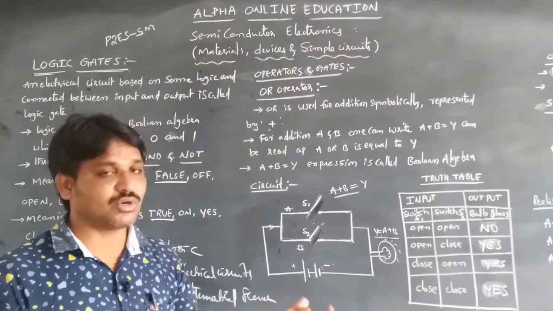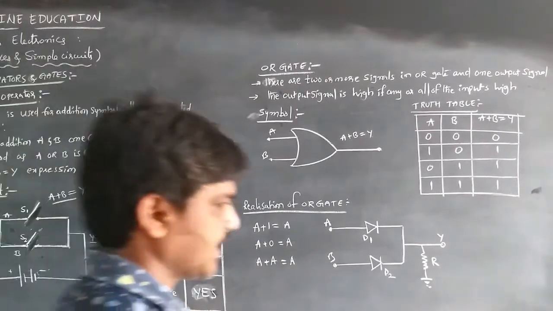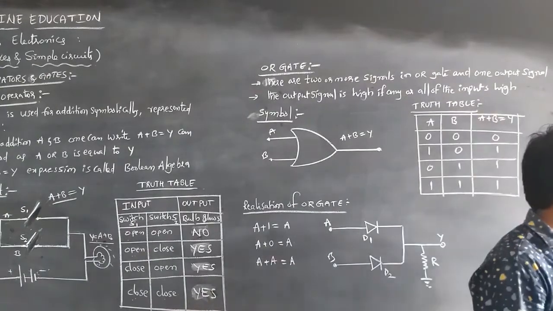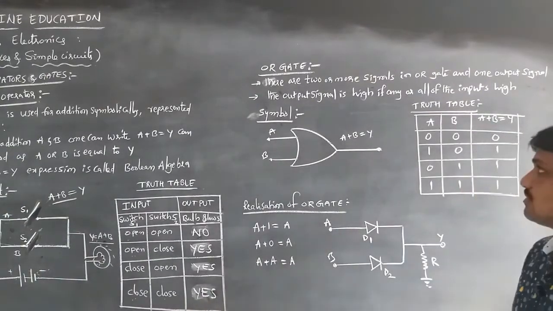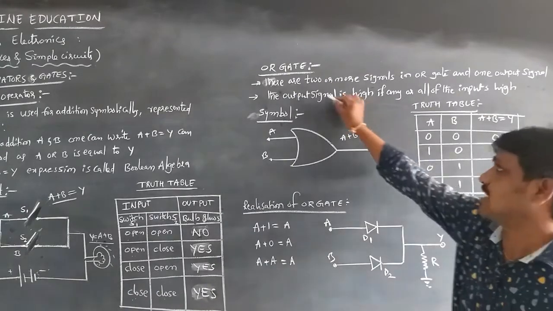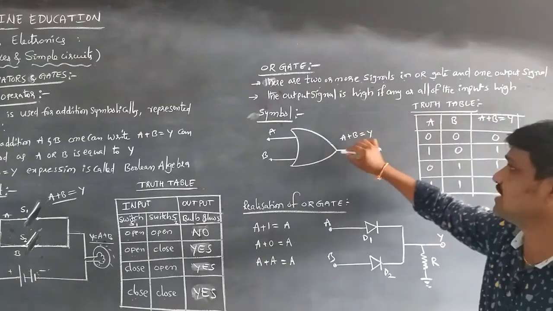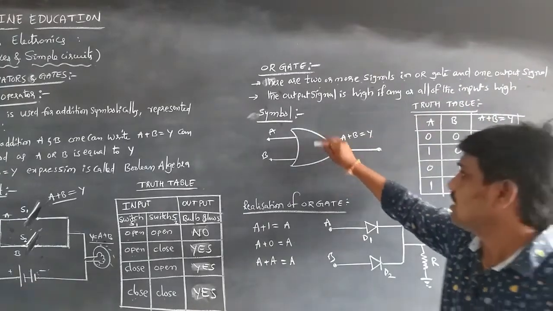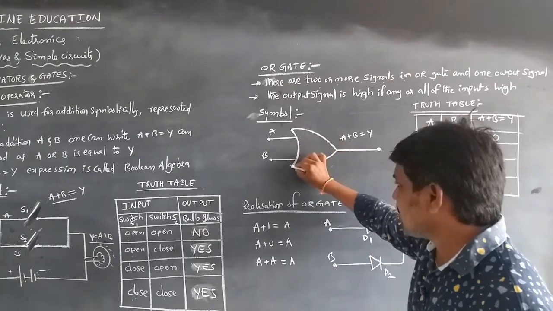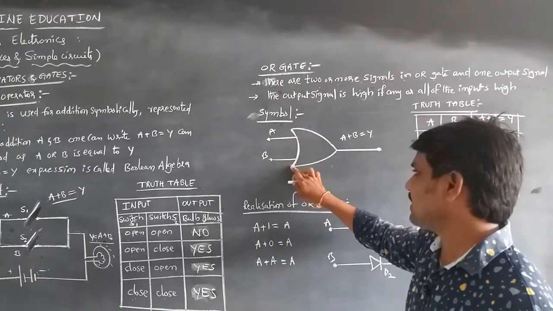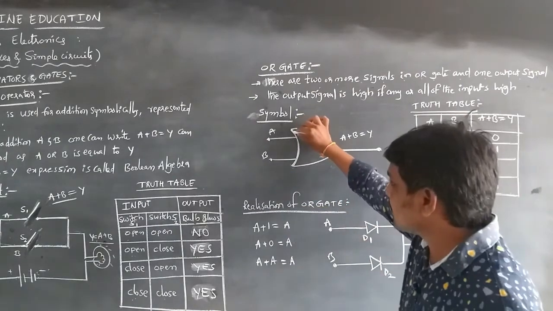Now we are going to learn about the OR gate. The OR gate has two or more inputs and one output signal. Here is the symbol of the OR gate. Just listen and see carefully: it is curved.